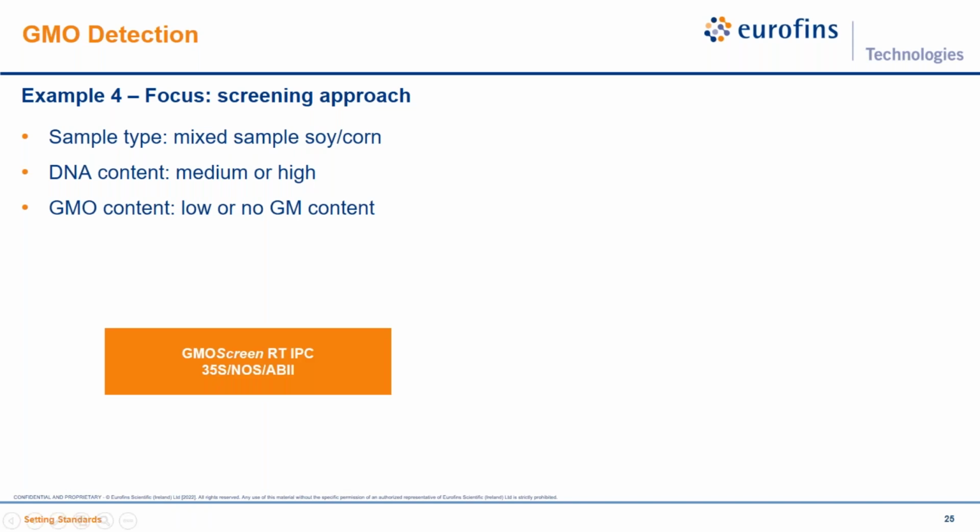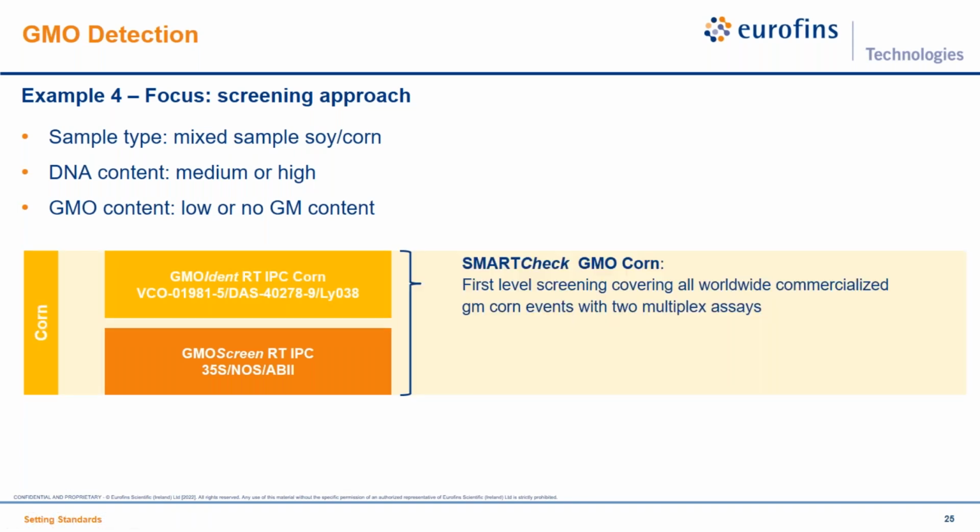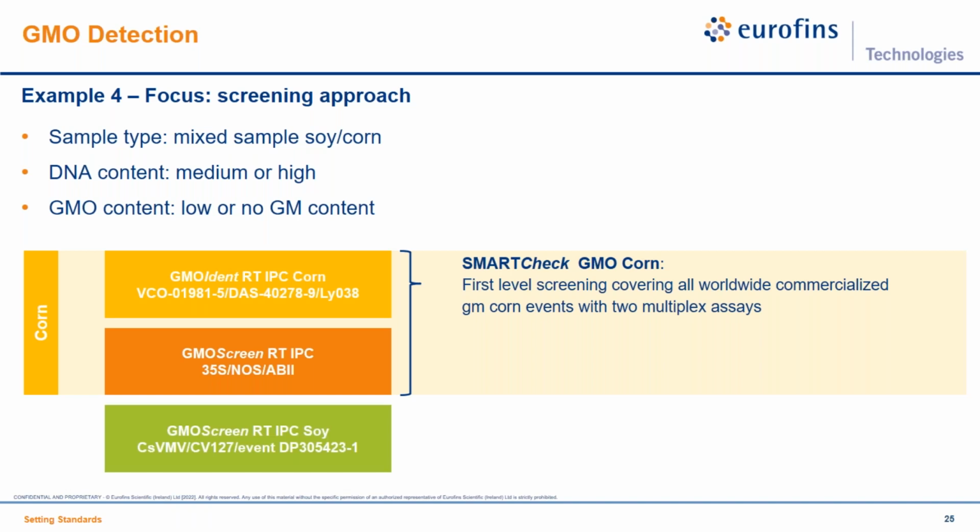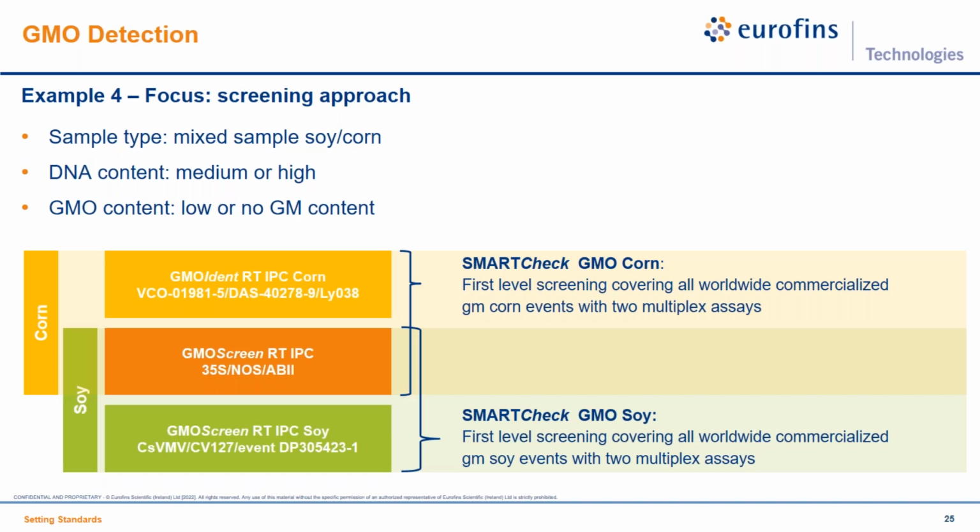So if you start with this multiplex 35S NOS and AgriBorder 2 and you add the corn multiplex, you will have a 100% coverage of all commercialized corn. You only have to add 1 additional assay, that's the multiplex for soybean, to achieve 100% coverage for soybean. So with only 3 assays, you have 100% coverage for corn and soybean.